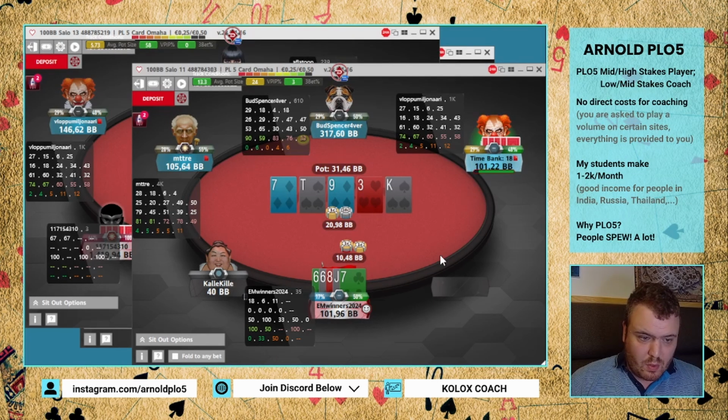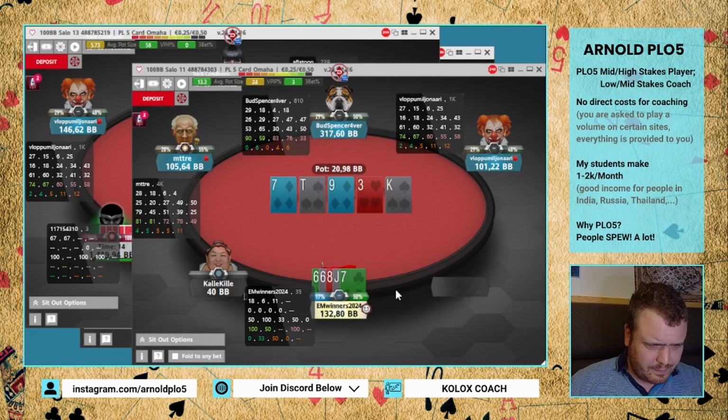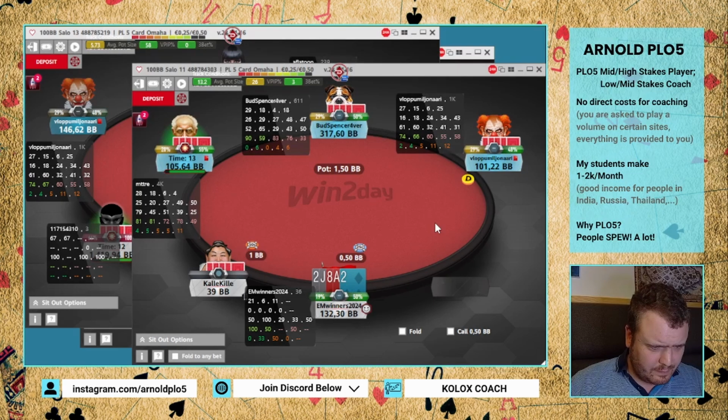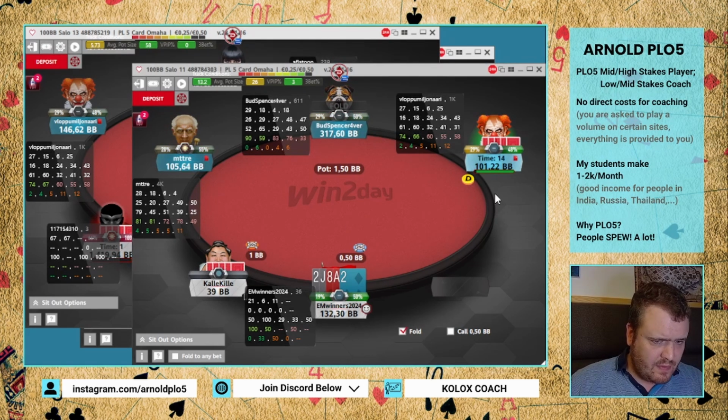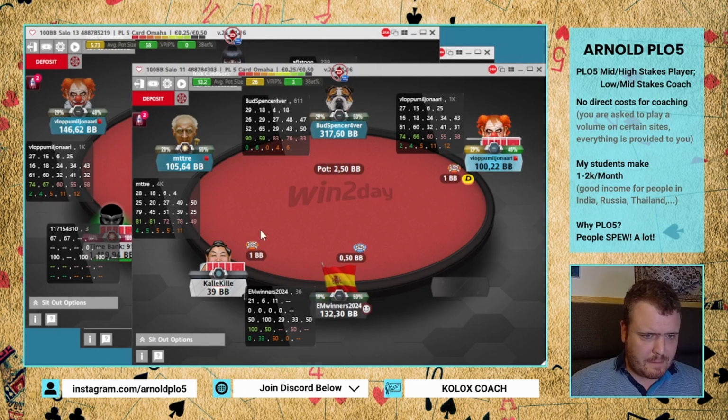And I could also have queen jack. I don't have to bet larger here with queen jack. So it's very risky if he does it with a bluff.